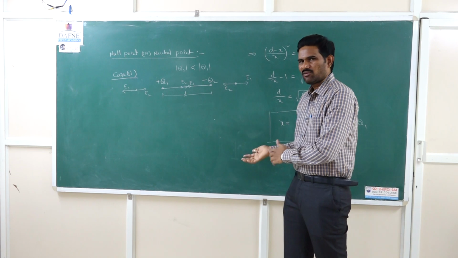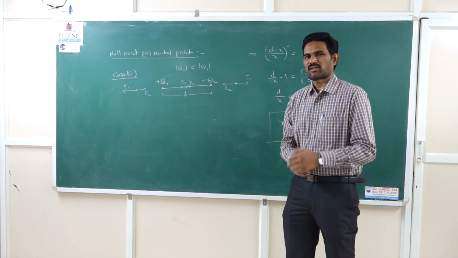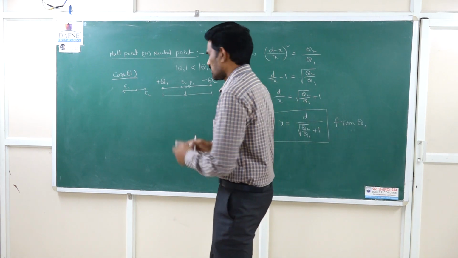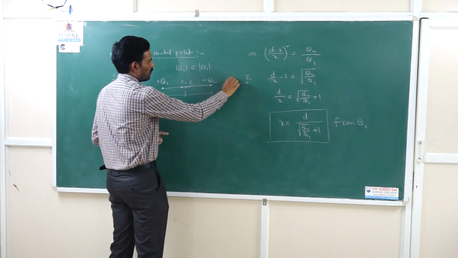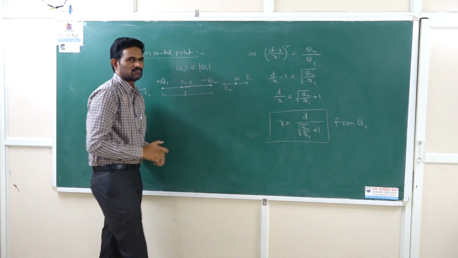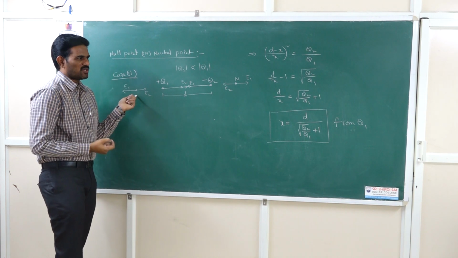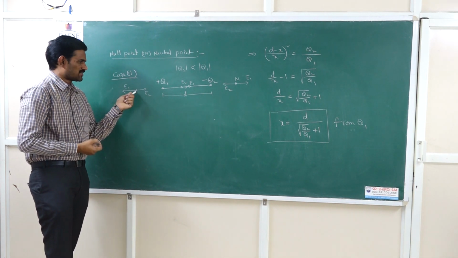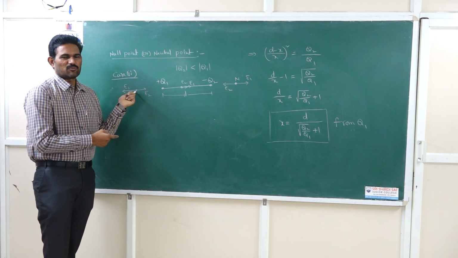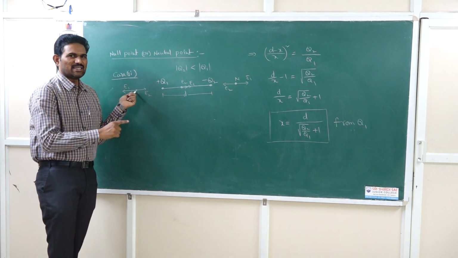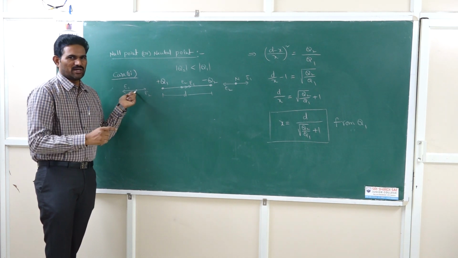So neutral point will be always closer to the side having lesser magnitude of the charge. So here Q2 is less, so that means neutral point will be formed this side. The explanation for that is, as we already mentioned in the previous formula, electric field due to a point charge, E is proportional to Q by R square.